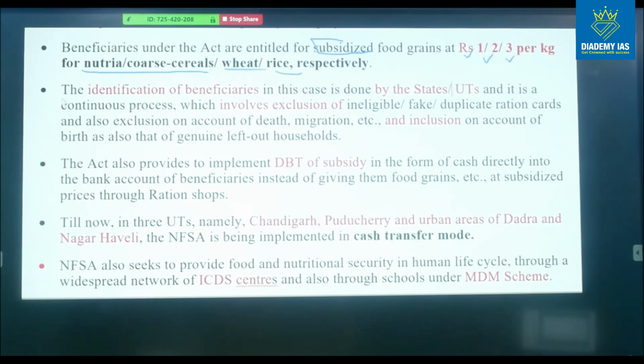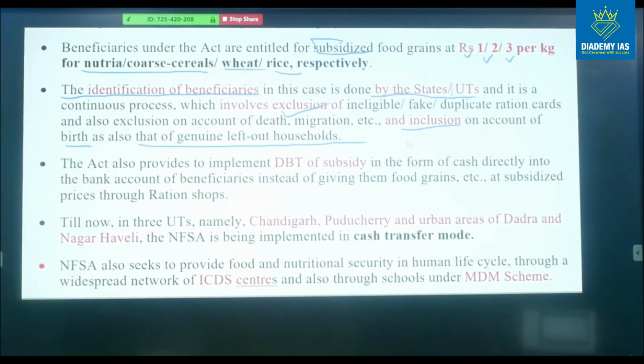Now the beneficiaries will be identified by the state governments or UTs, and there will be proper exclusion. Regular revision will be there so that there is no duplicate card or fake card. There is exclusion of those people who have migrated out or who have died, and people will be included at the time of birth, so that genuine left out households are also covered.